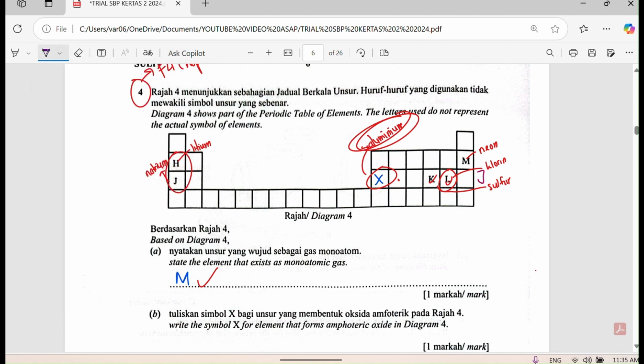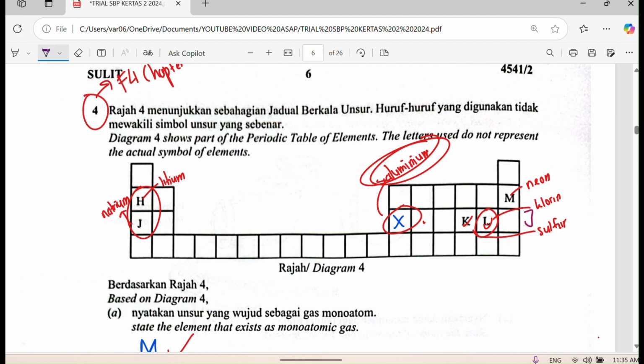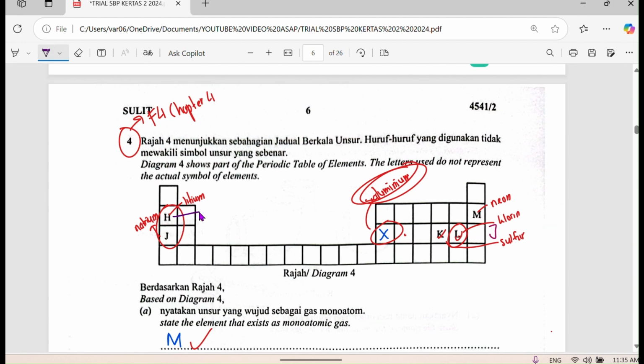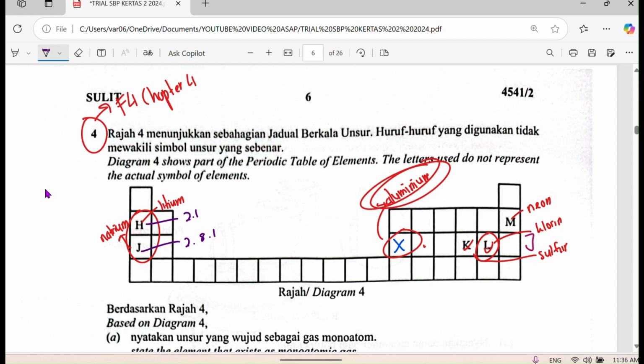Alright. So unsur H and J, right? Now, lithium has 3 electrons, correct? Whereas natrium, which is sodium, has 11. Let me just draw it here for you. Again, it's not up to scale.